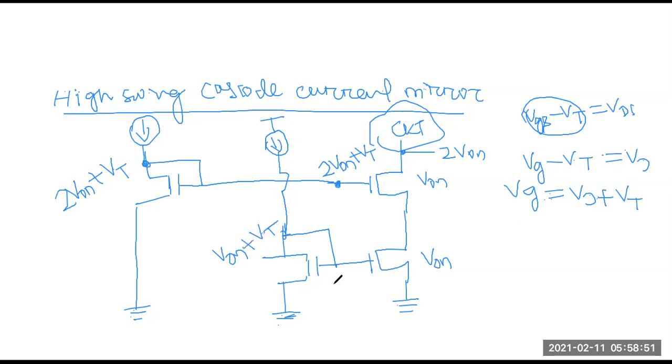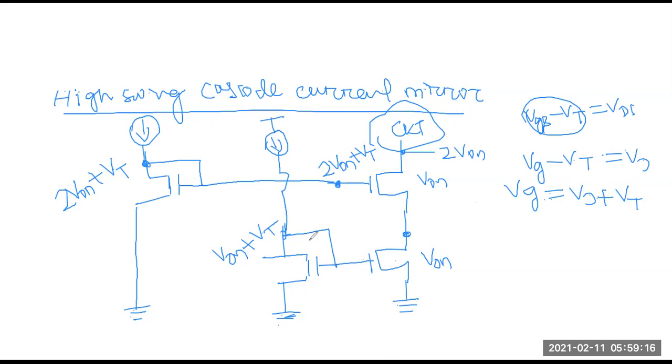So what happened? Is the problem solved, 2 V on plus Vt? But here this is V on plus Vt. This is V on. Transistor will be in saturation. This is saturation, this is saturation, everything is okay. Output resistance is very high. But this is V on plus Vt, but this is V on.